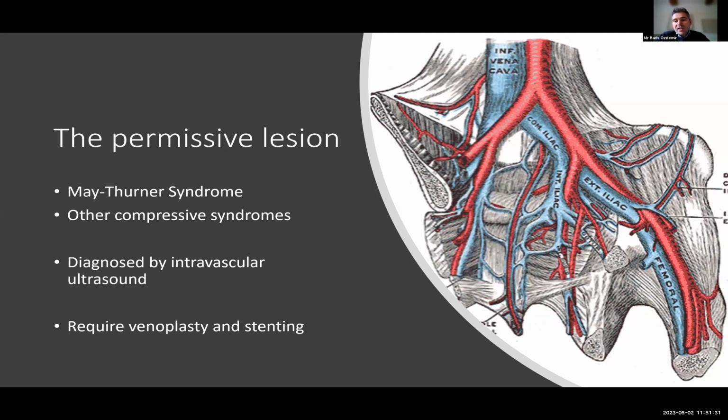Interestingly, using standard X-ray procedures, we can't see where these narrowings, blockages, and damaged veins are, but we now have a tool, in fact, we've had it for a while, called intravascular ultrasound, which allows us to really identify these abnormal segments. And these segments are then treated with essentially ballooning, so angioplasty or more specifically venoplasty and stenting.